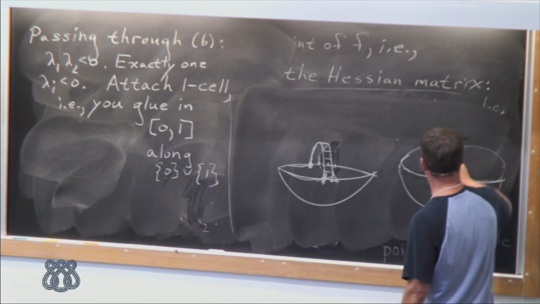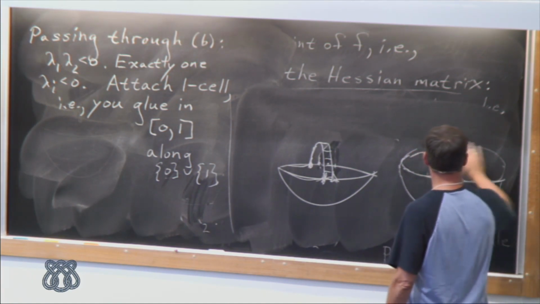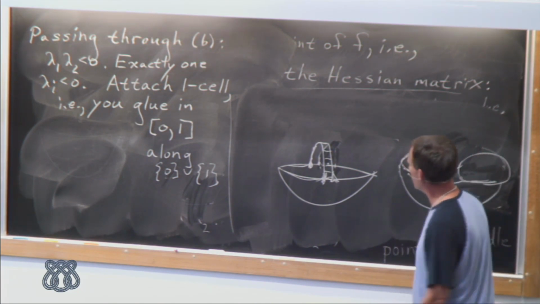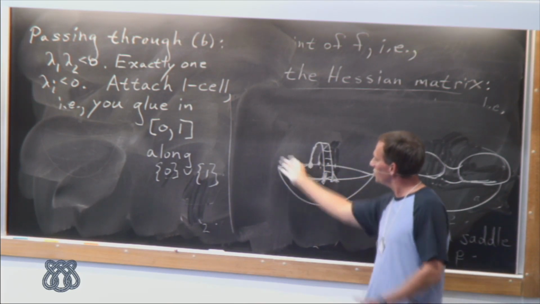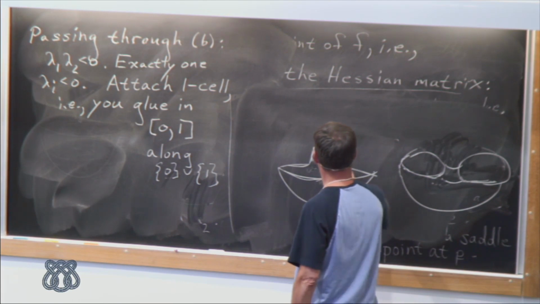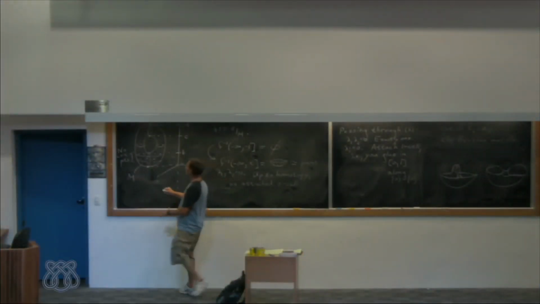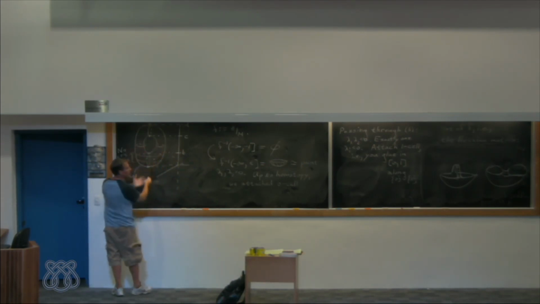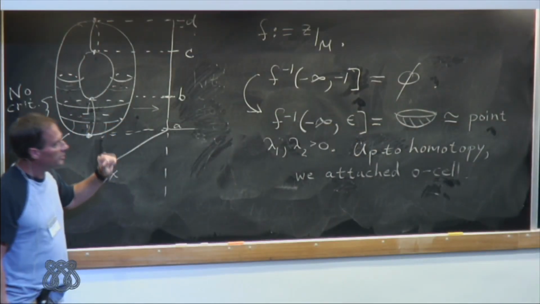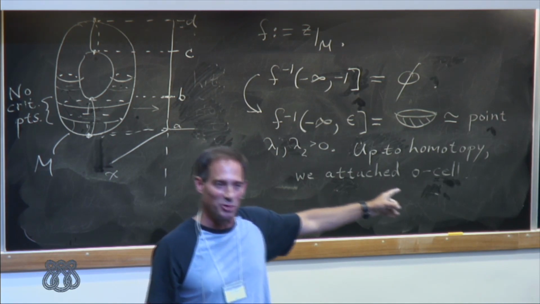I was trying to distort it, but now it just looks bad. Anyway, you're supposed to be able to picture that you end up with this as you smooth this out and stretch this up. And you end up with what I've got drawn here. You end up with this part. Despite my crappy picture, everybody with me?